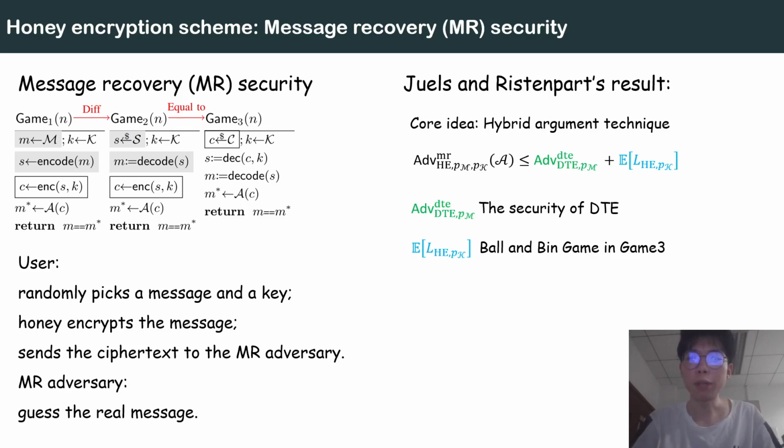At Eurocrypt 14, Juels and Ristenpart used the hybrid argument technique to derive an upper bound on the MR advantage, which is a valuable result. But this upper bound cannot model real-world attackers. To address this issue, we utilize the Bayesian posterior estimation method to construct the theoretical optimal attacks against the MR game.